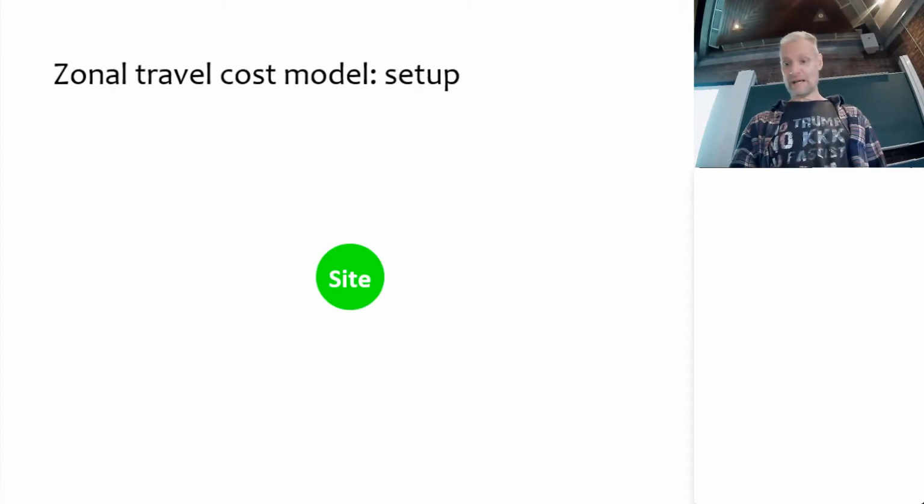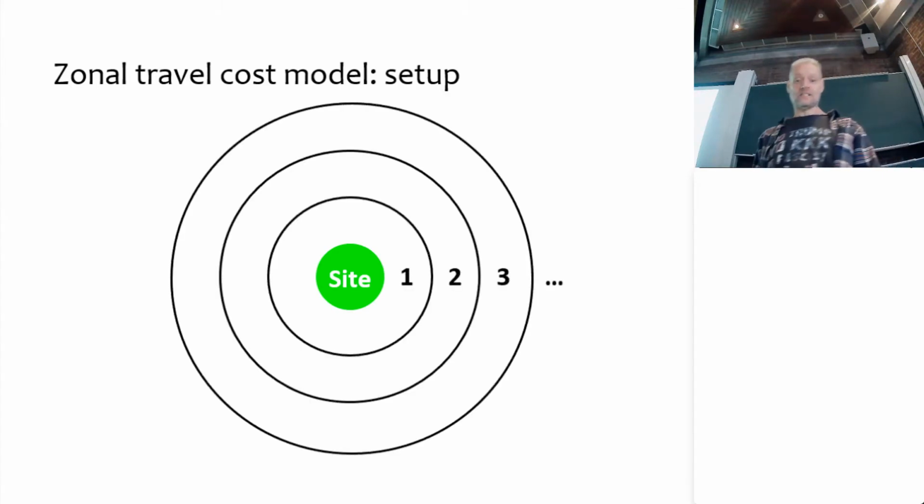So the way this works in practice is, as our telling suggested, you have a site of interest, let's call it Stenmer Park, and obviously nobody lives in Stenmer Park because it's a park, right?